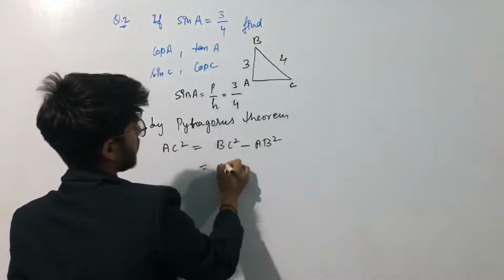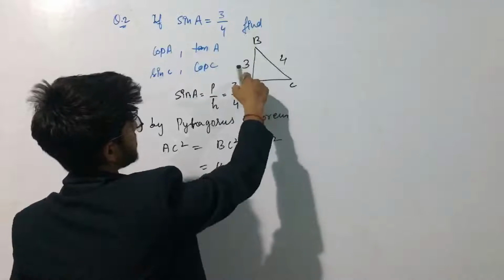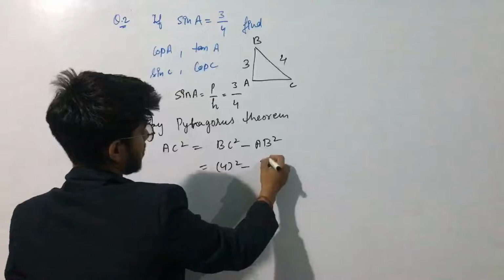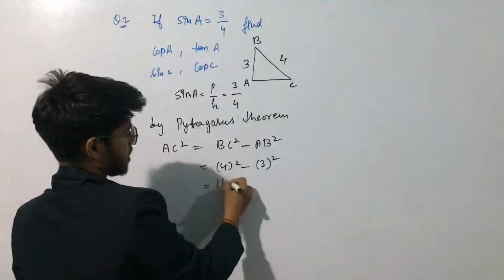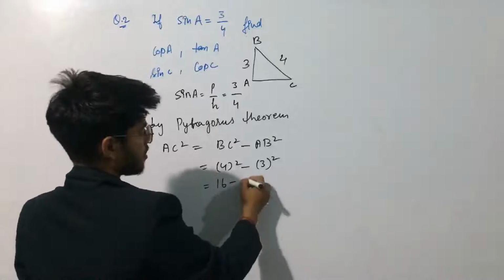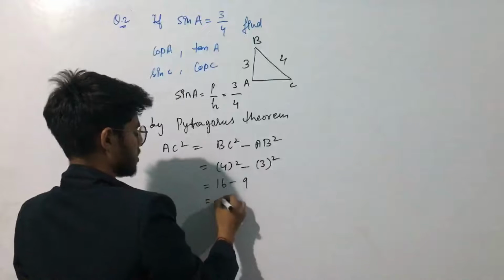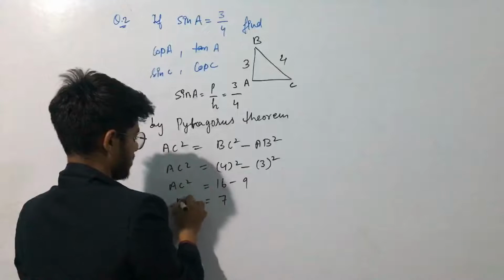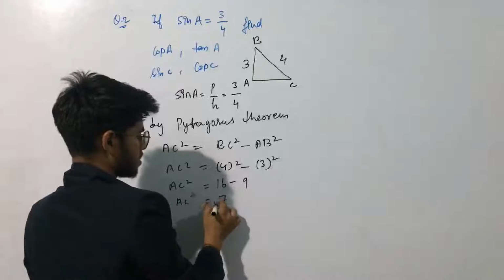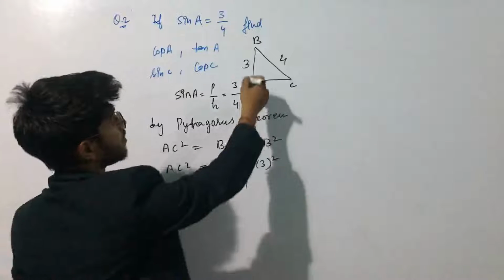BC is equal to 4, AB is equal to 3. 4 square is 16, 3 square is 9, so 7. AC is equal to root 7.